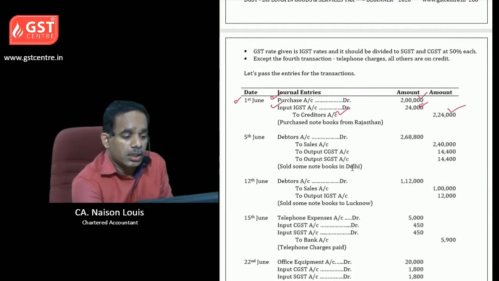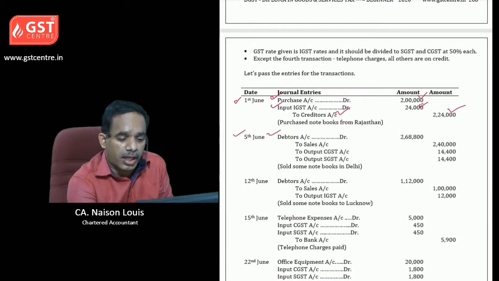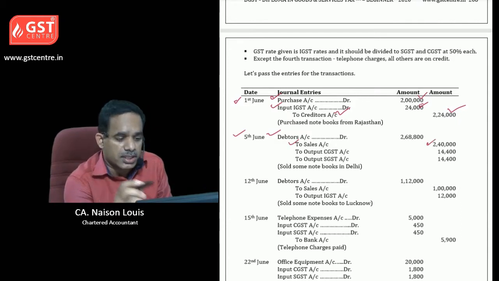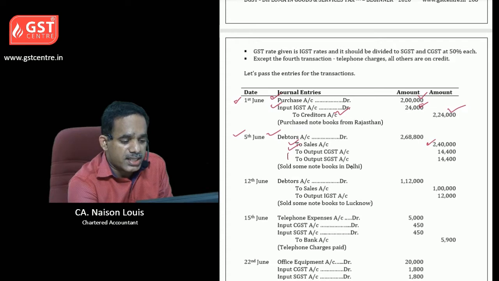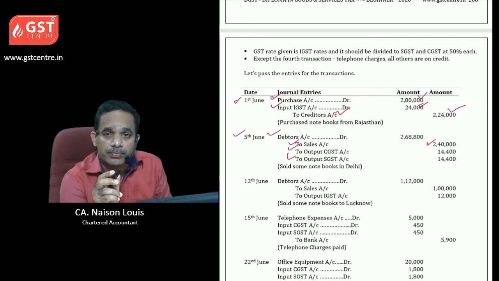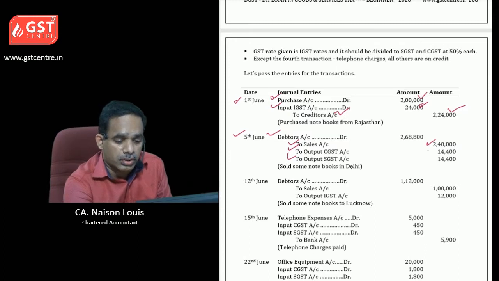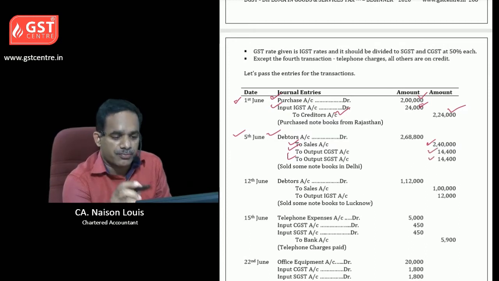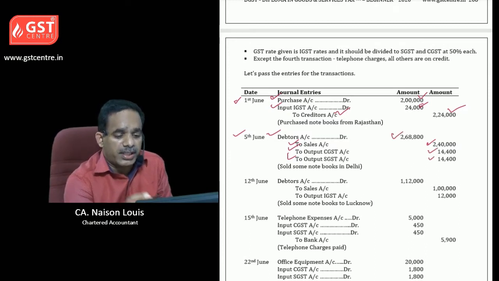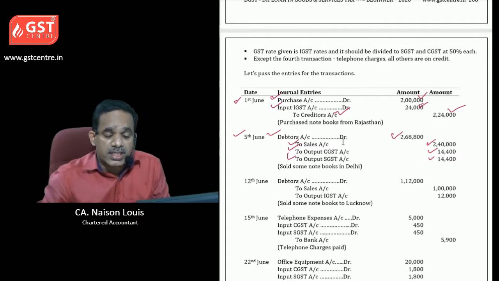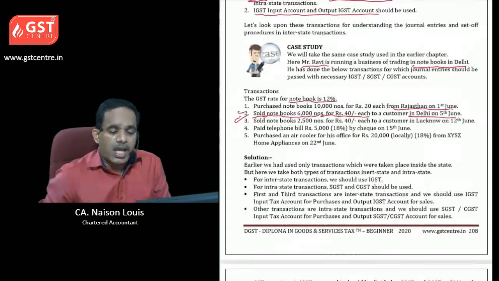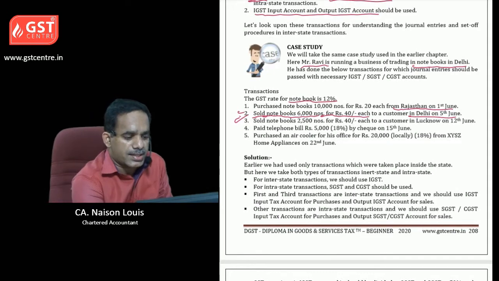On 5th June, debtors should be debited, and credit goes to sales account with 2,40,000. Output CGST and output SGST account should be credited. Why? Because it is an intrastate transaction. So 14,400 each. Then debtors should be debited with 2,68,800.